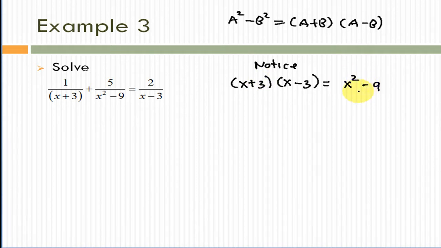So we will exactly get that. So from this we know that x squared minus 9 is actually a common multiple of x plus 3, x squared minus 9, and x minus 3. So this guy is a common multiple of the denominators.